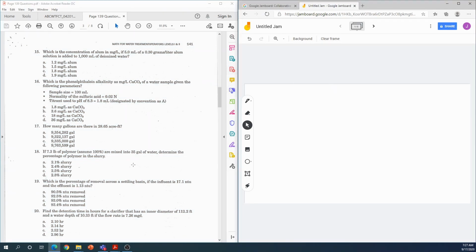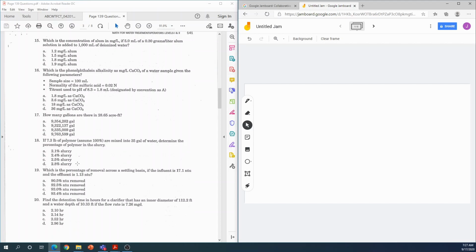All right, let's take a look at problem number 19. If 7.3 pounds of polymer, assume 100%, are mixed into 35 gallons of water, determine the percentage of polymer in the slurry. So again, we have pounds of polymer and gallons of water. So let's first start by getting everything into pounds.